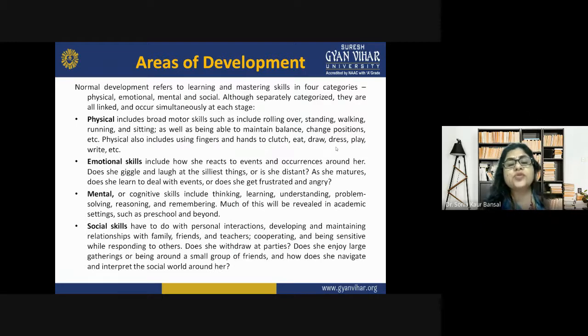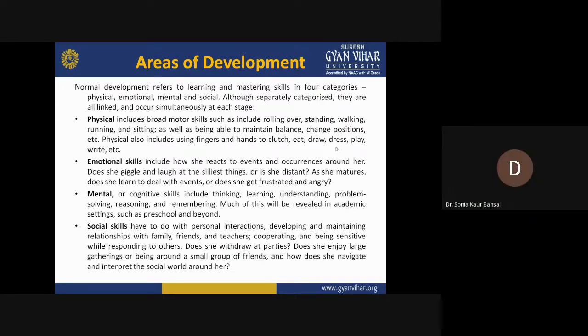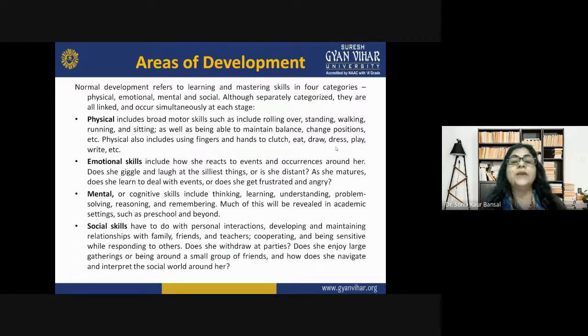Remember, students, when a child is born, the child is totally dependent on the parents, or first of all on the mother. The child cannot even keep his head straight. There is so much flexibility and no physical development yet, although the child was growing inside the womb for 9 months.